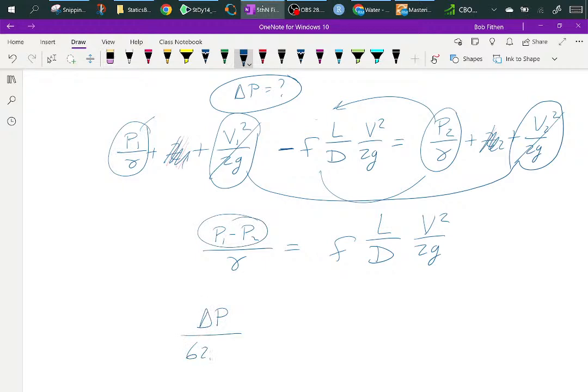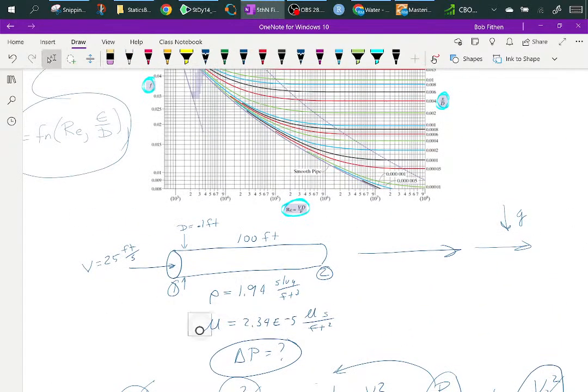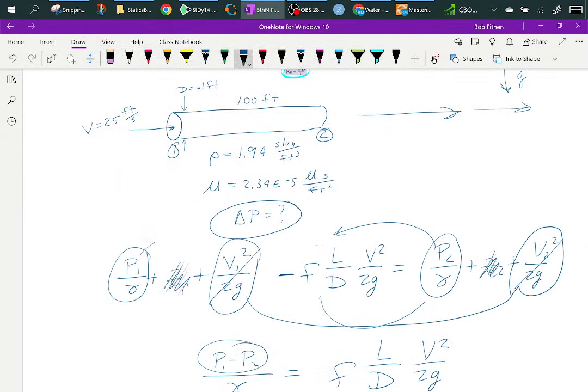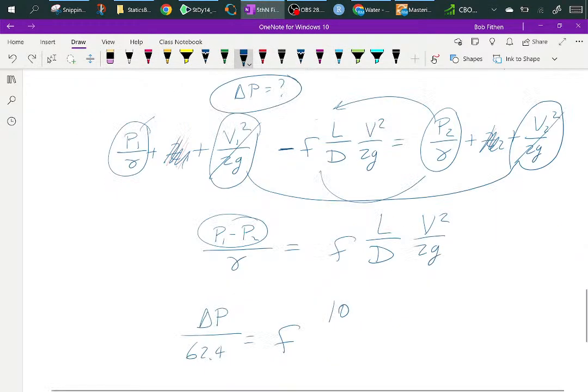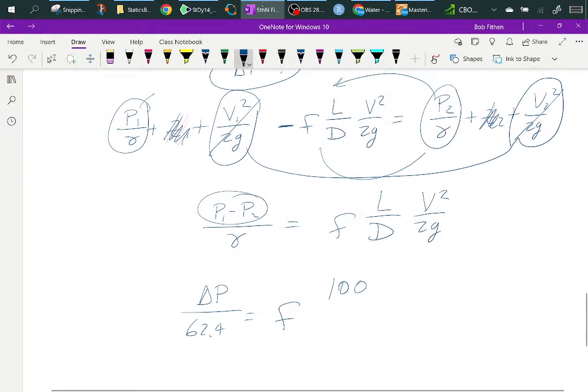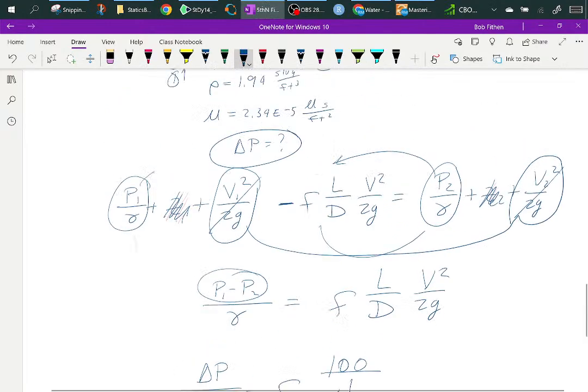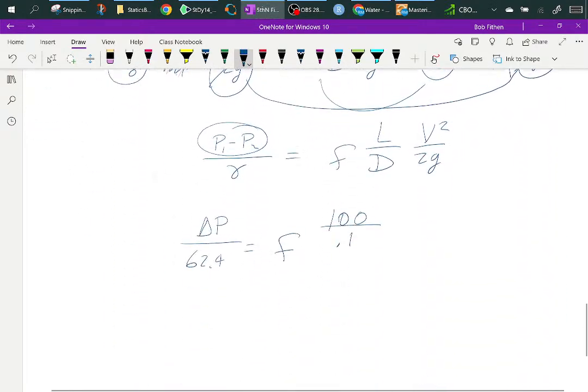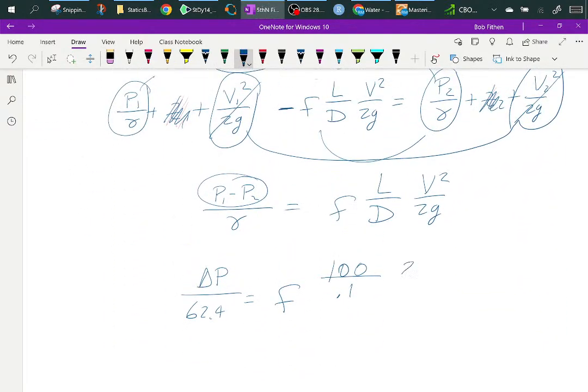This is 62.4. This is F. The length of our pipe was 100, wasn't it? Yeah, we made it 100 feet long. Oops, that's the wrong place. We made it 100 feet long. The diameter we made 0.1, didn't we? Yeah, 0.1 feet. The velocity was 25 squared over 2 times 32.2.